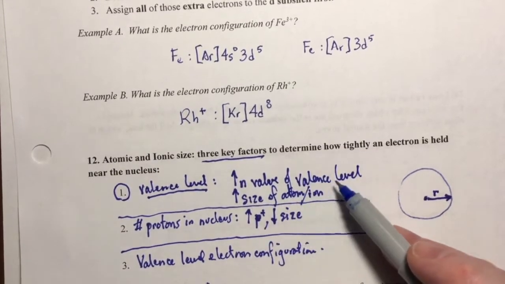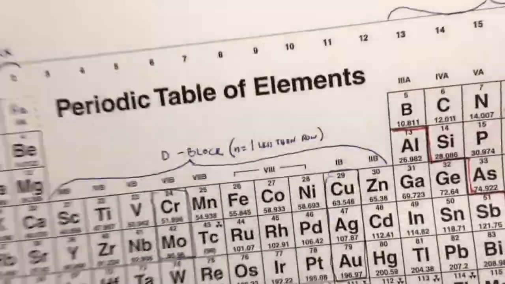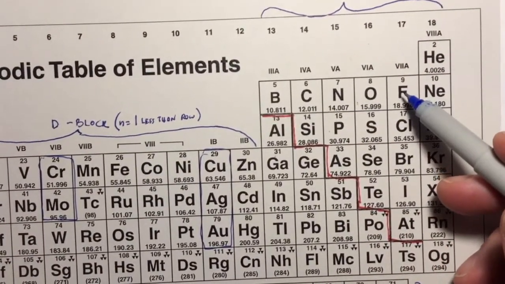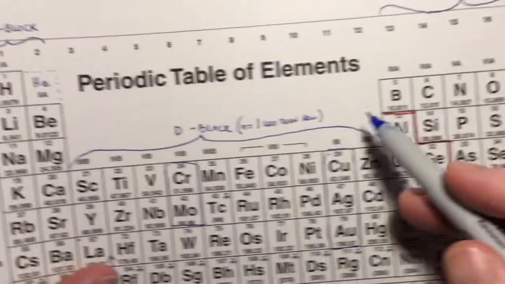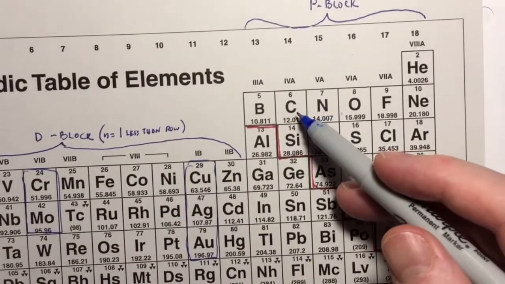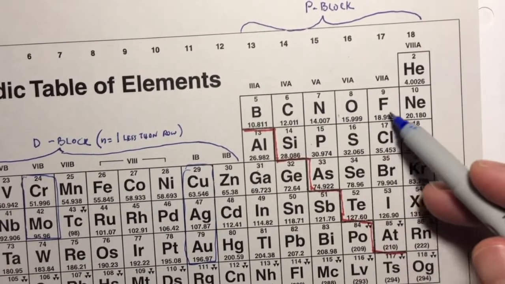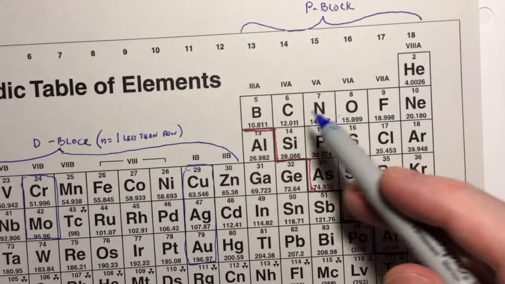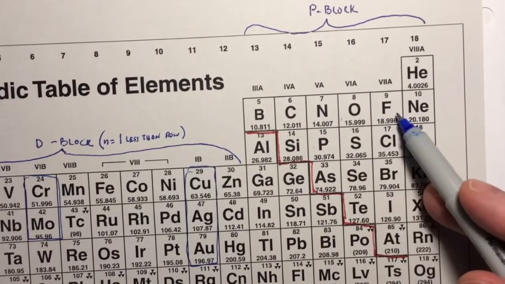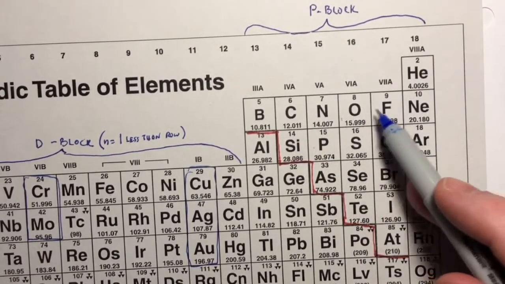The higher the n value of their valence levels, the larger the size. If we take a look at that for carbon, nitrogen, oxygen, and fluorine, we notice that their valence level is all n equals 2. So our first rule does not help us determine which of these is larger. They are all tied with the same n value of n equals 2.